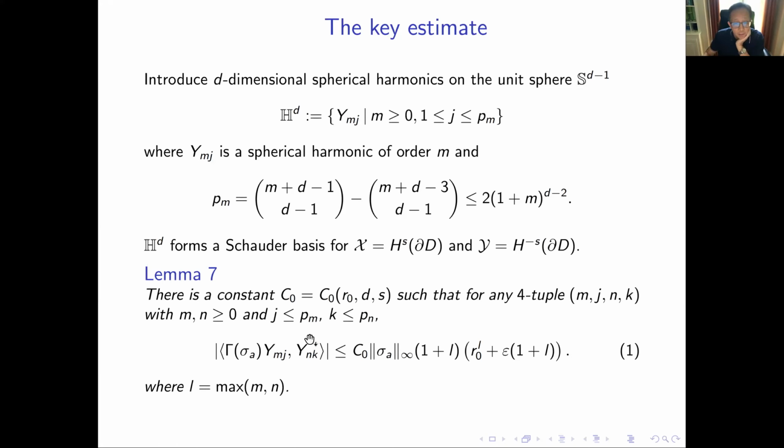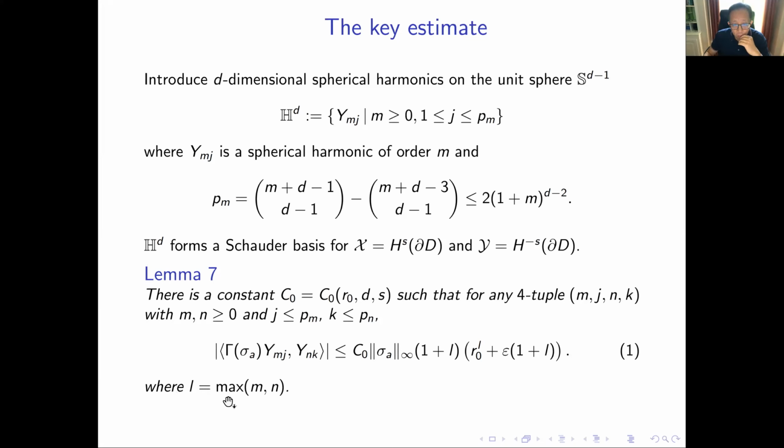It basically says that if my incoming illumination source is a spherical harmonic on the boundary sphere, then you can expand the measurement, the outgoing flux, in this basis, and you can see the compression, basically how high frequency is damped.